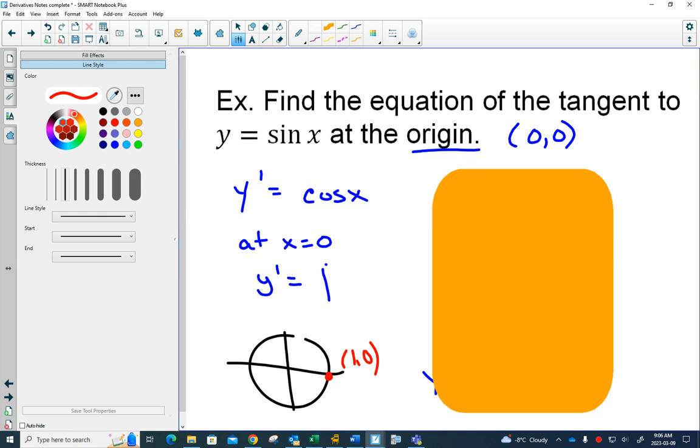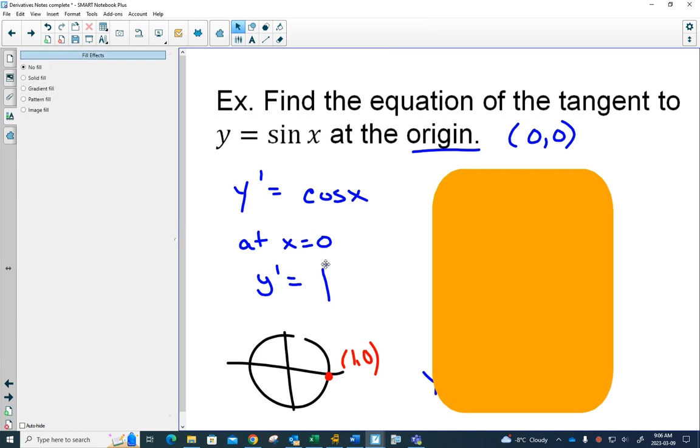Because the radius is 1, it's 1 to the right, so it'll be (1, 0). And we have to remember that on our unit circle, cos was the x coordinate. There's a review of your unit circle. Please have it memorized again in your next class. But you do have to know your unit circle again, so we'll keep reviewing.